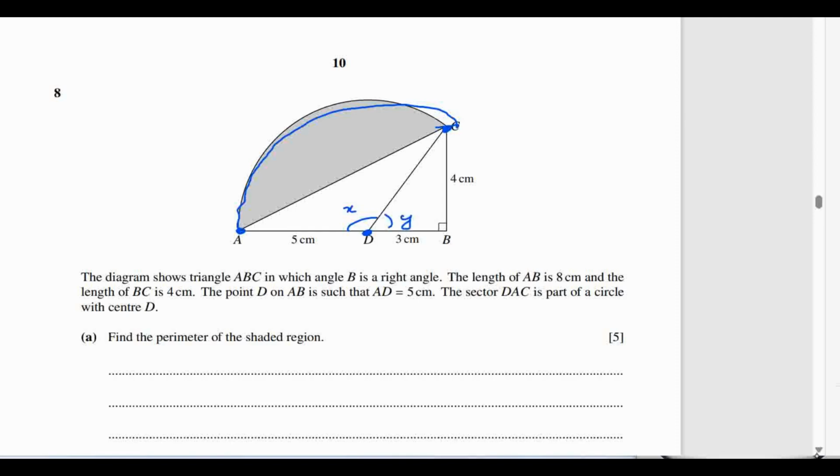Now from here we can see that in triangle DCB, this is the triangle DCB, tan of y is equal to 4, perpendicular by base, whereas y will be equal to tan inverse of 4 by 3.